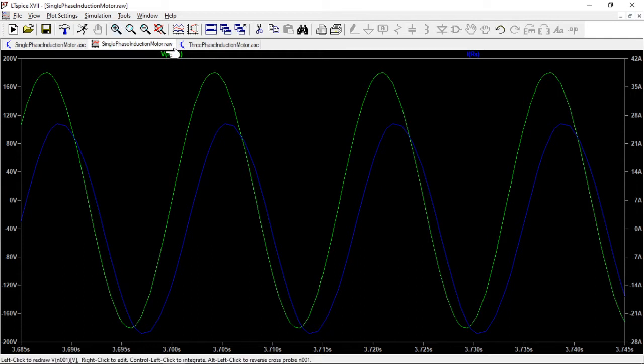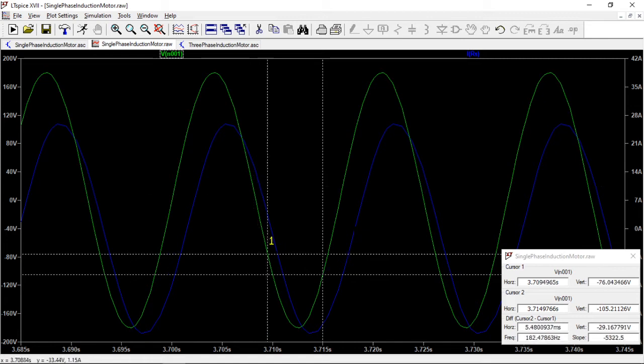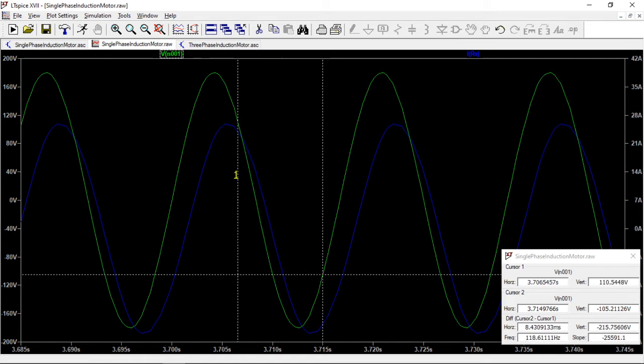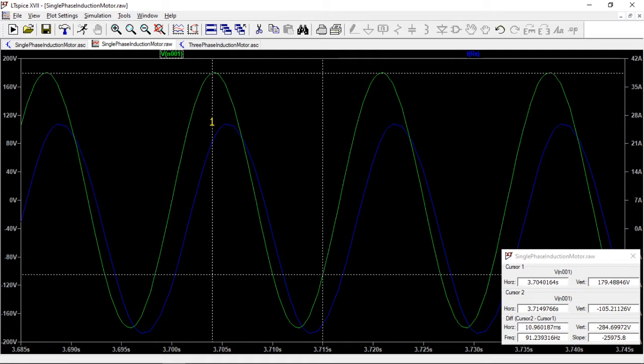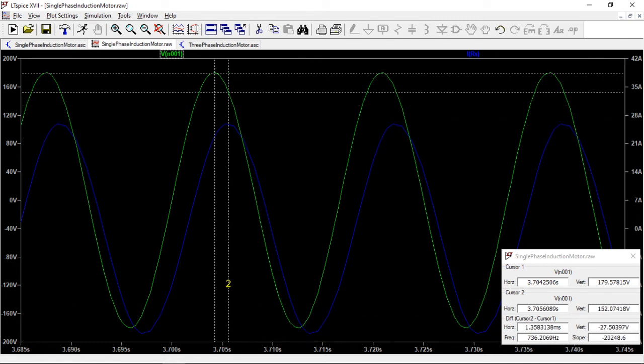So let's measure the phase shift here. All right, and measure here. What we want is the phase shift between here and there. So we have a time difference here of about 1.36 milliseconds.